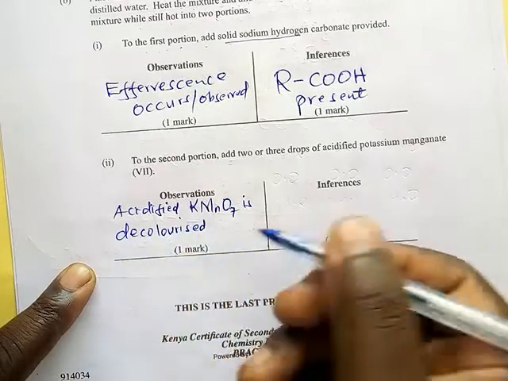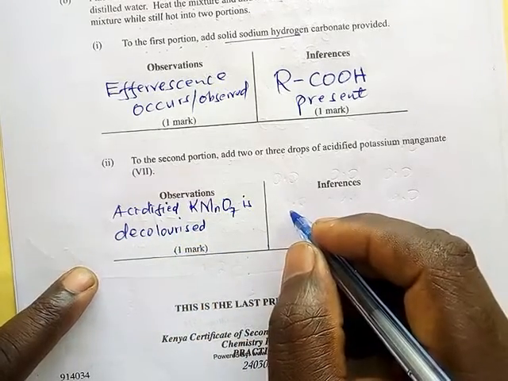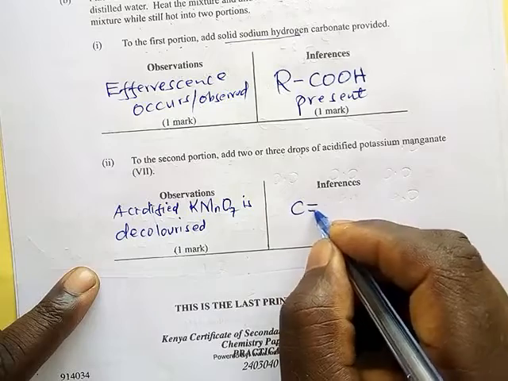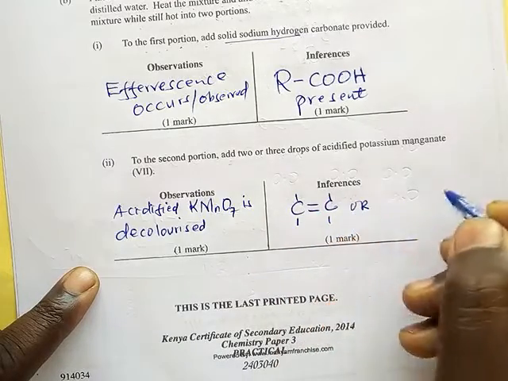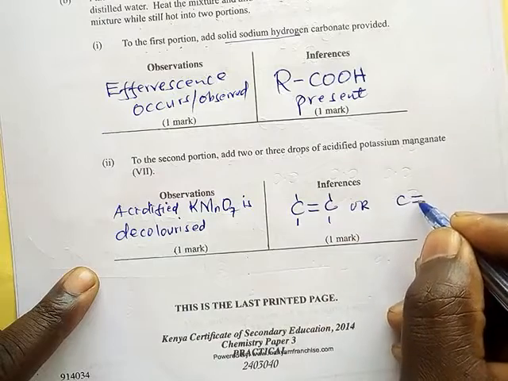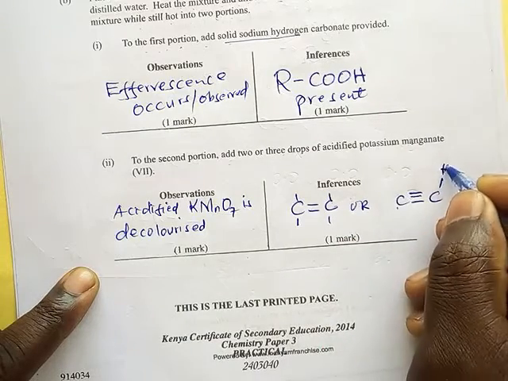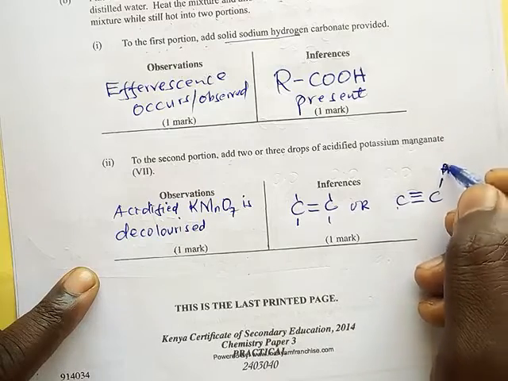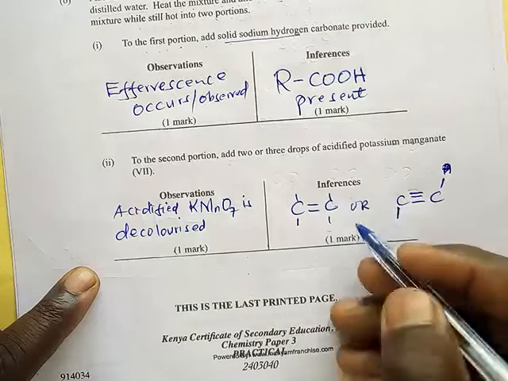So if it is decolorized, then inside there could be a double bond or a triple bond. You can put even H, but you can put a dash. It's okay.